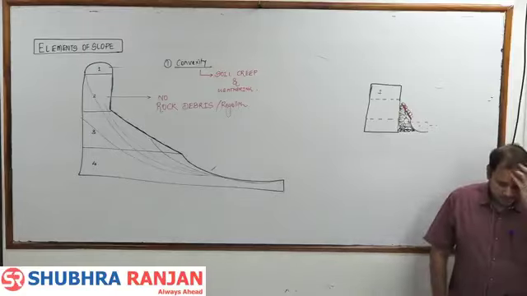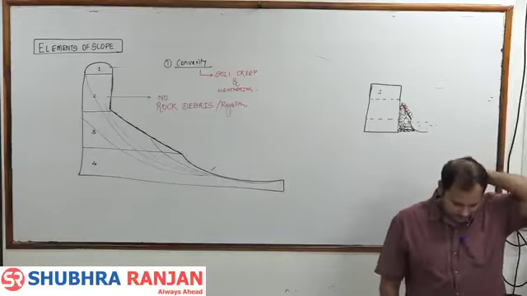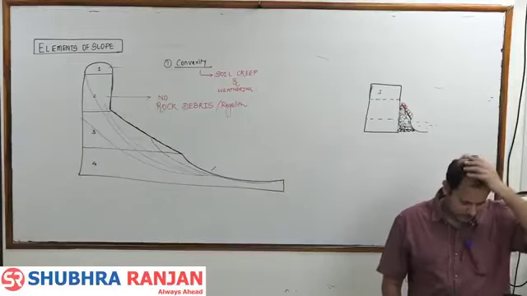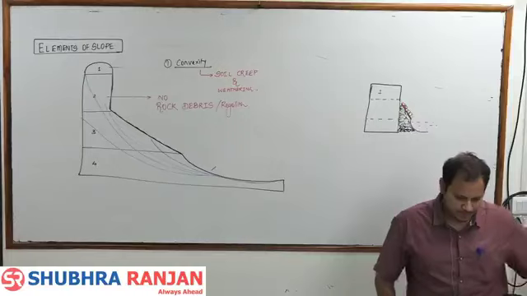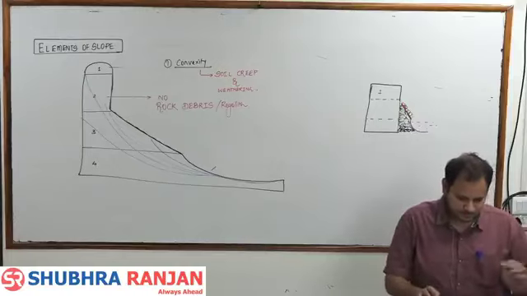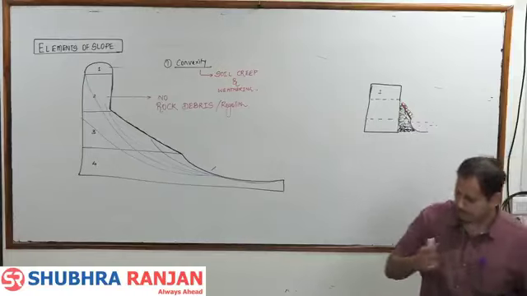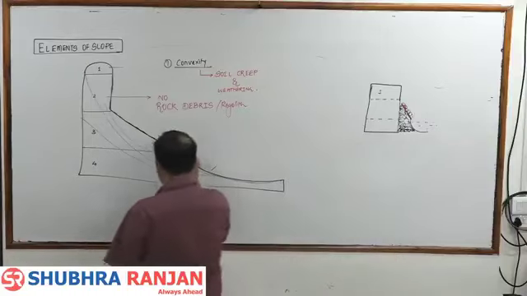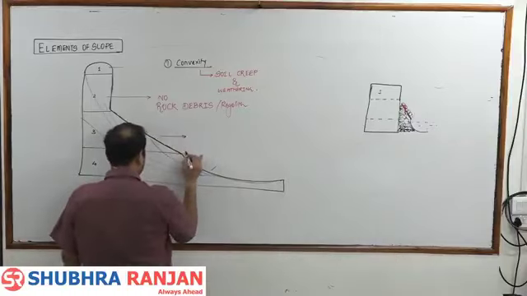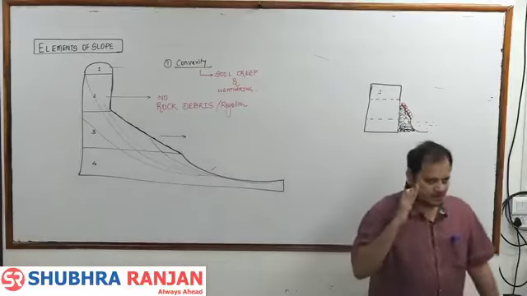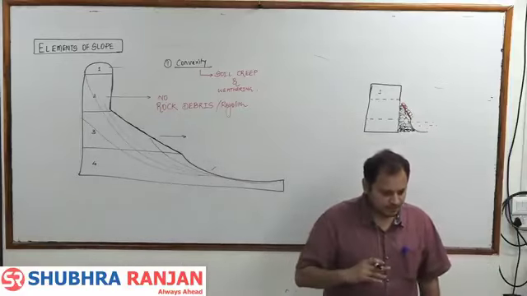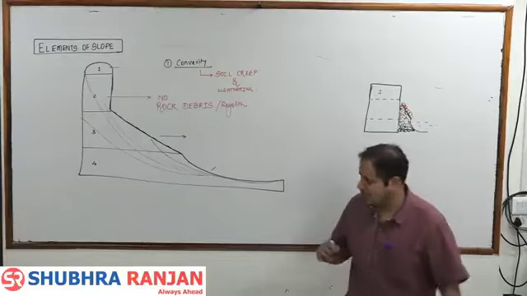So rectilinear slope, also known as constant angle slope. Constant angle slope is having a straight face or straight profile.